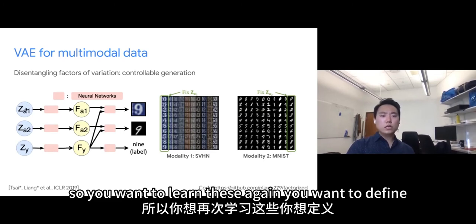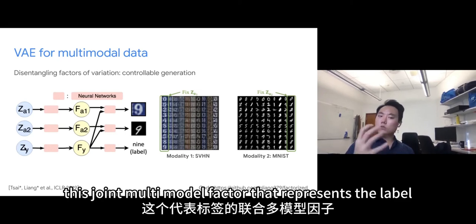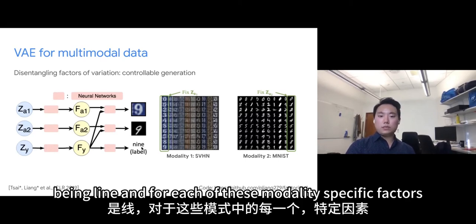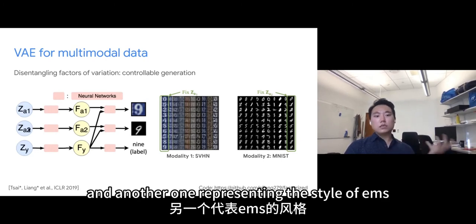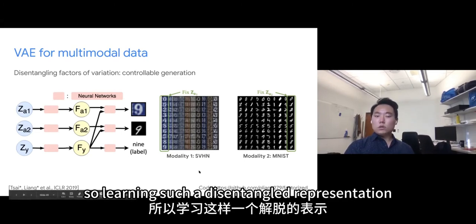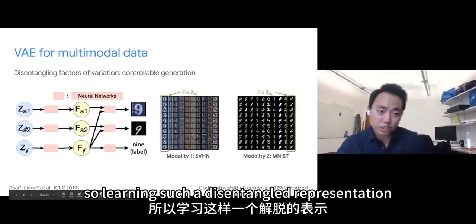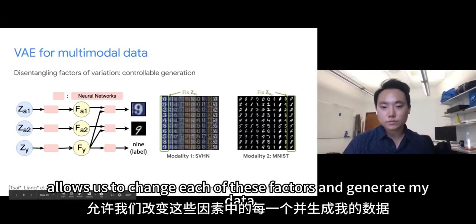So you want to define a generative model, where Z of Y is this joint multimodal factor that represents the label being 9. For each of the modality-specific factors, you will have one representing the style of SVHN and another representing the style of MNIST. Learning such a disentangled representation allows us to change each of these factors and generate my data.